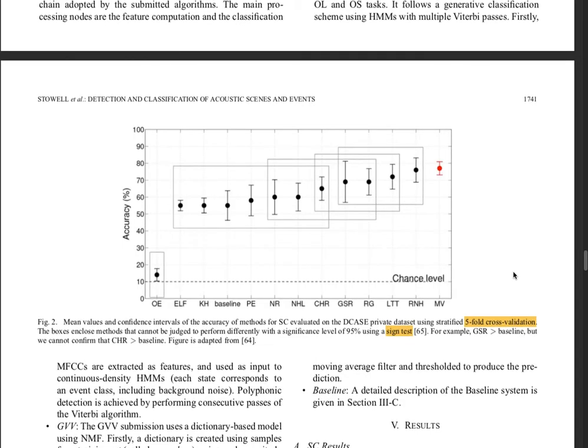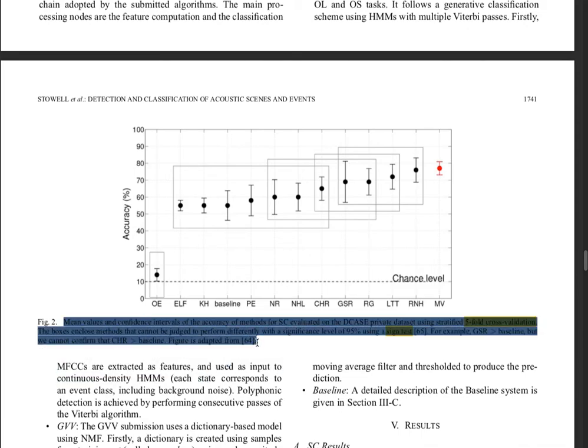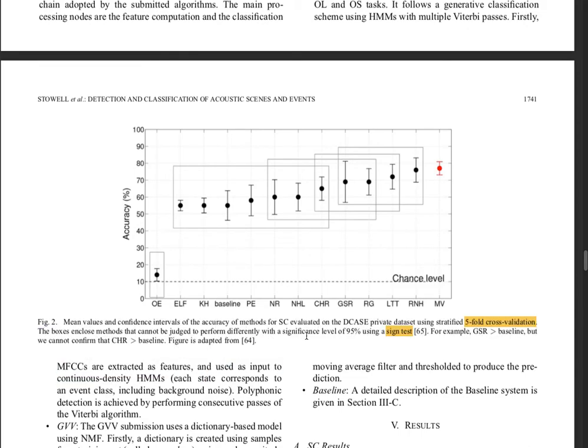Can you read the caption to the figure? Sign test. They use a sign test, which is very simple to perform, and it's good to see.